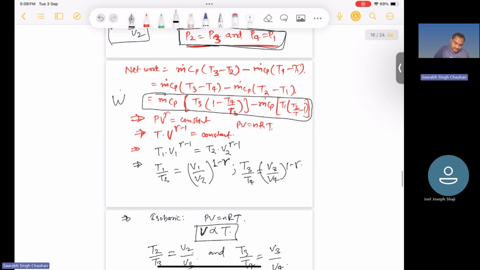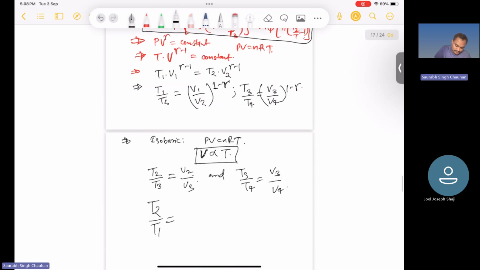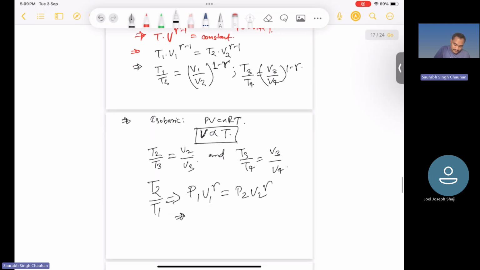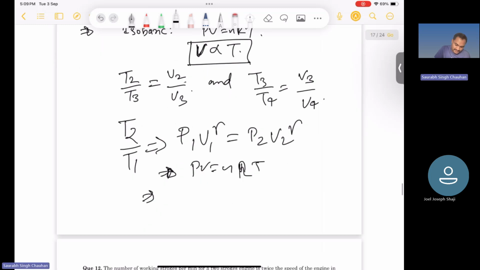This is an isentropic process. So we can write P1 V1 to the power gamma is equal to P2 V2 to the power gamma, or from PV is equal to nRT, you can write these things in terms of temperature.